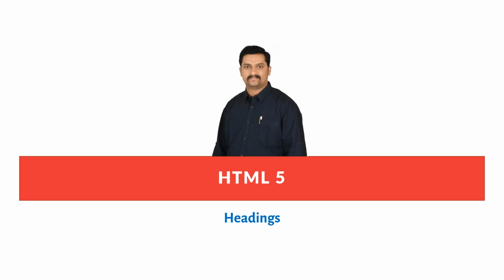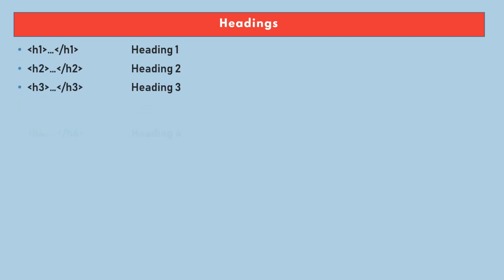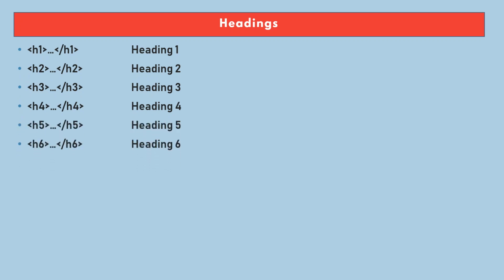To display heading level number 1, we have to use the H1 tag. To display level number 2, heading 2, and so on up to 6 levels. Generally in real time, up to 4 levels of headings is enough, even though the language has provided 6 levels as the maximum. So in practice, it is enough to use up to 4. The top level heading you will keep once, and the second level is a small subheading, for which we use H2.